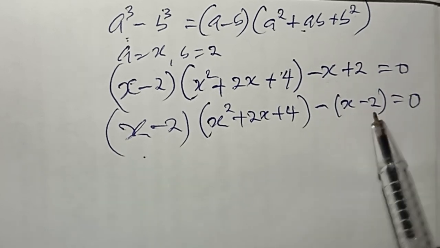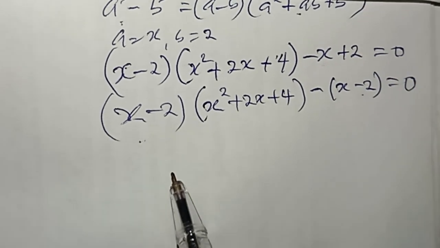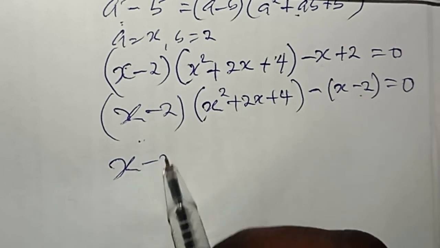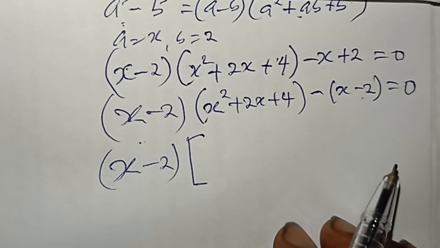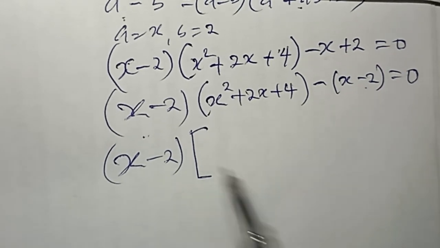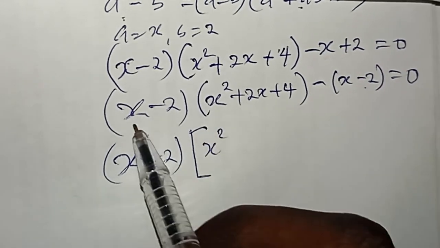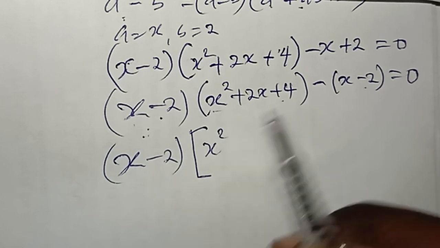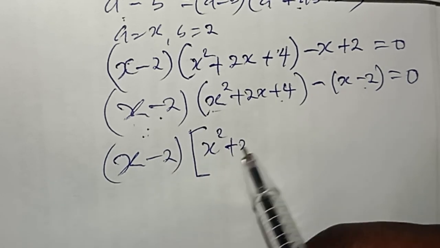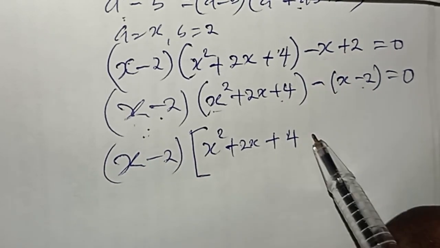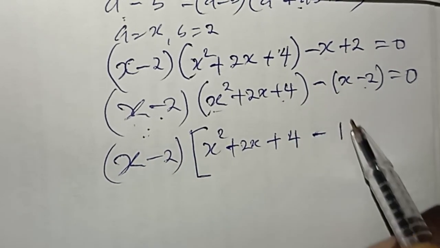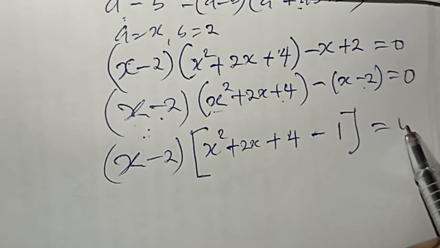So you can see that x minus 2 is common for both, so I can actually factorize that x minus 2, okay, then I put my big bracket. So this is x. If I factorize it from here, this one is remaining x squared plus 2x and then plus 4, okay. So if I factorize it here, 1 will remain, and of course it's equal to 0.